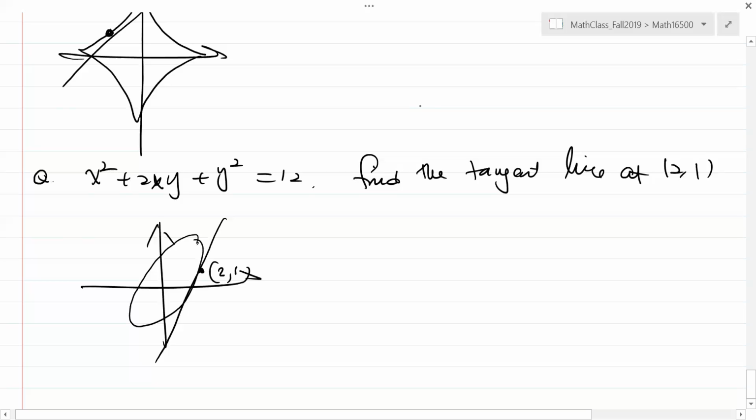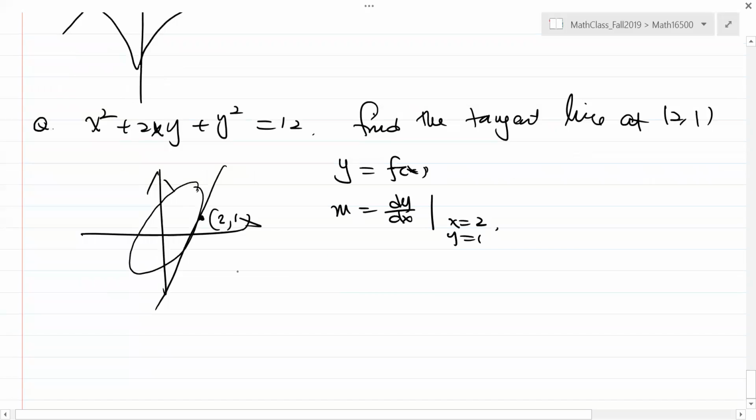Okay. So you don't need to find it out. The slope is going to be the derivative. When x equals 2, y definitely is 1 at that time. Okay. So let's find out. Just differentiate both sides with respect to x.